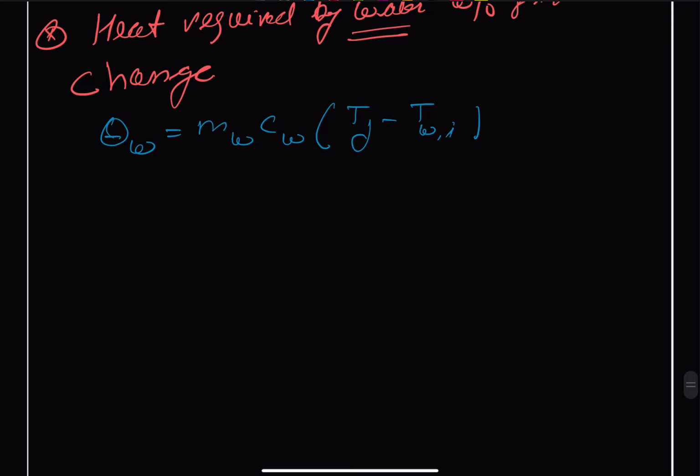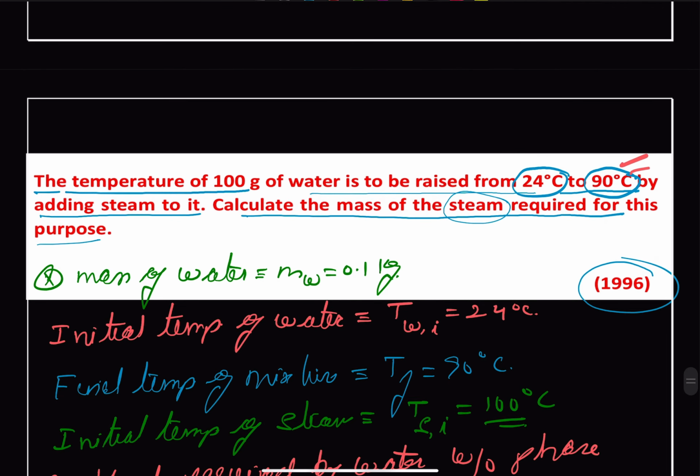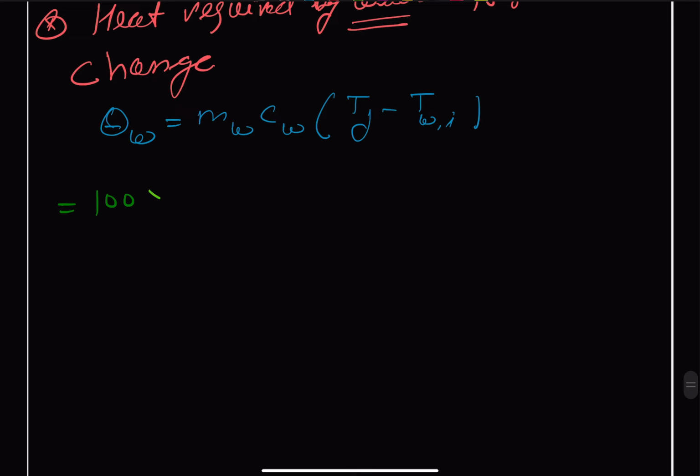We substitute them: mass of water 100 gram, and C of W is 4.18, and this comes as 90 minus 24. So we get Q of W is approximately equal to 275 joules.